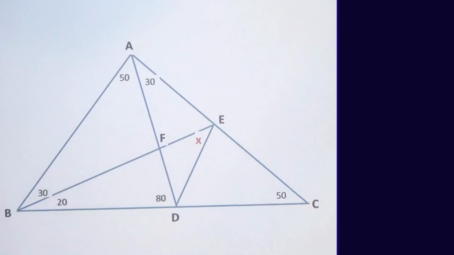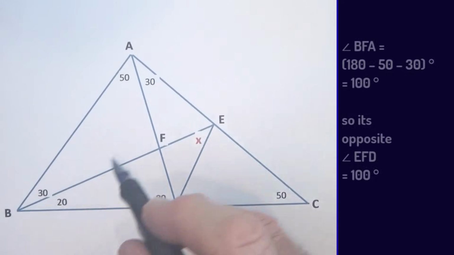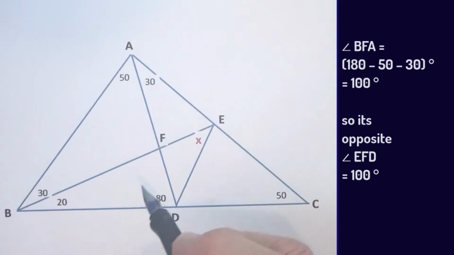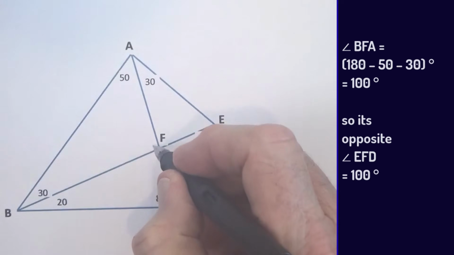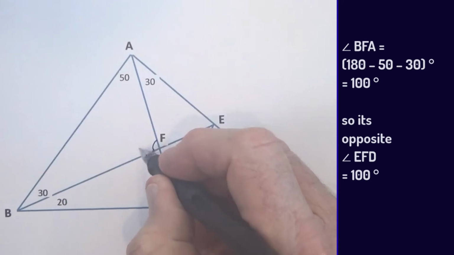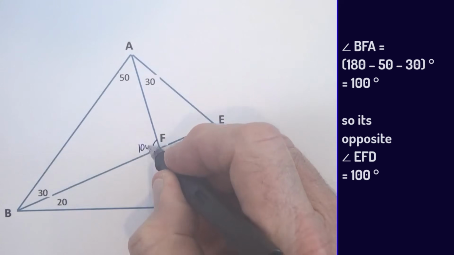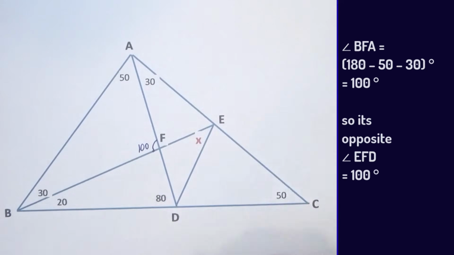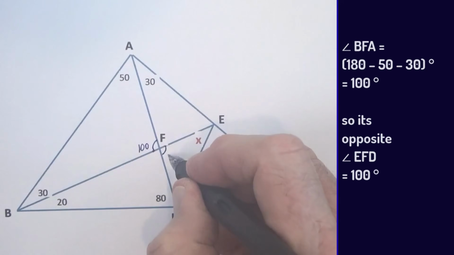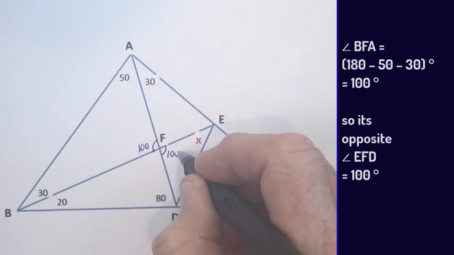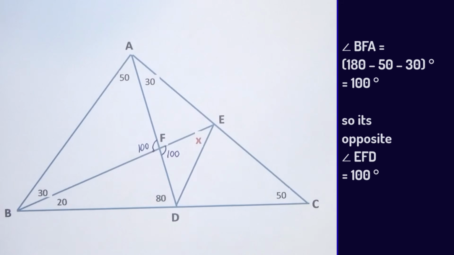So let's go over to the problem and look at what we can do. First of all, angle BFA is 180 minus 50 minus 30, 100 degrees. So its opposite angle, EFD, will also be 100 degrees.